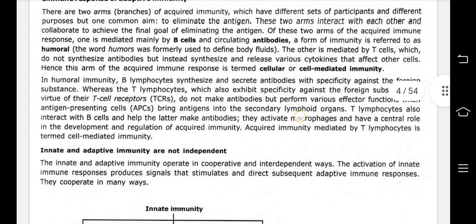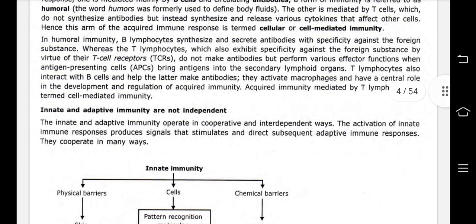In humoral immunity, B lymphocytes synthesize and secrete antibodies with specificity against the foreign substance, whereas the T lymphocytes, which also exhibit specificity against the foreign substance by virtue of their T cell receptors, TCRs, do not make antibodies but perform various effector functions when antigen presenting cells, or APCs, bring antigens into the secondary lymphoid organs.